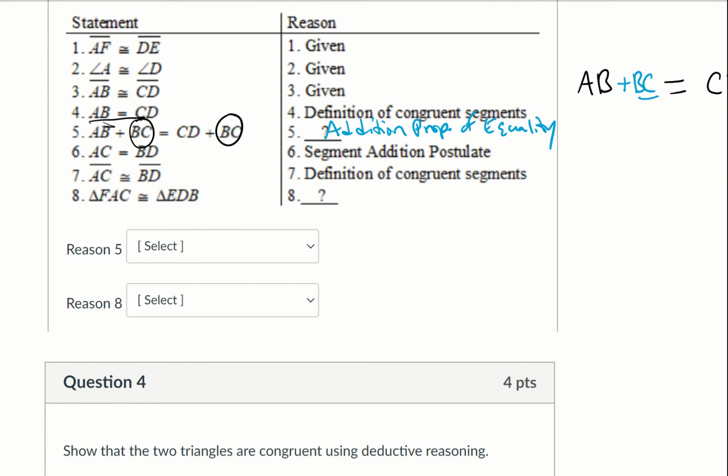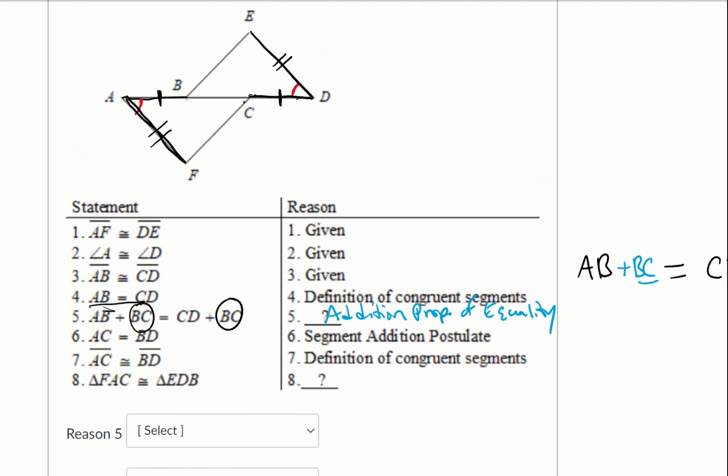And then once we did the addition property, using the segment addition postulate, we know that AC is equal to BD right here. So how did I get that? Well, if you look at statement 5, and I'll color code this here.